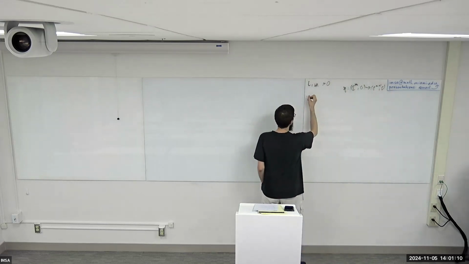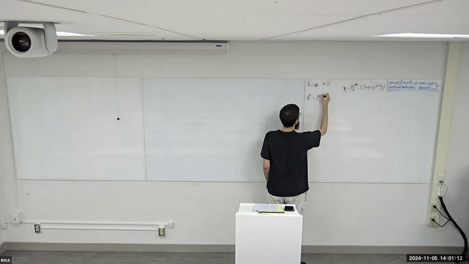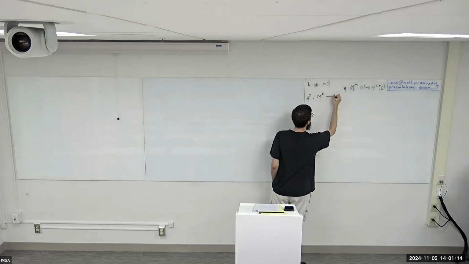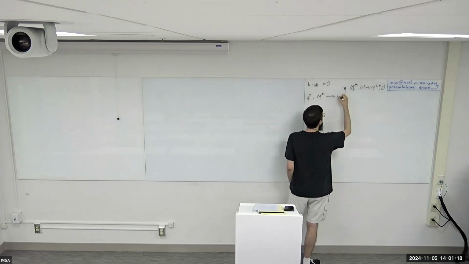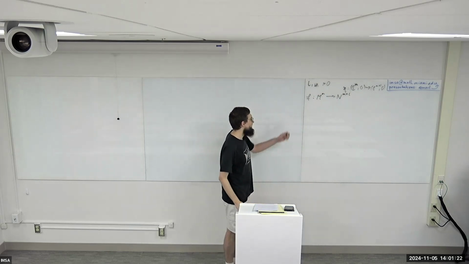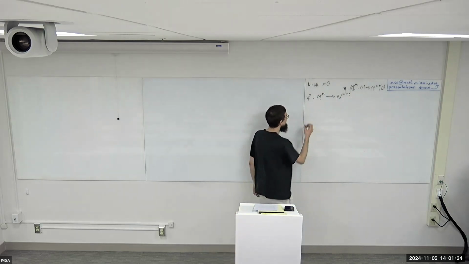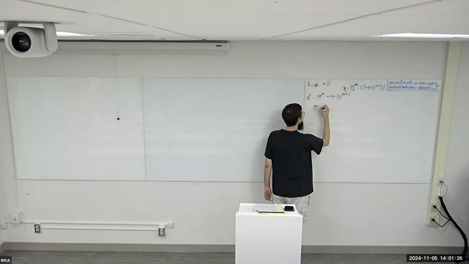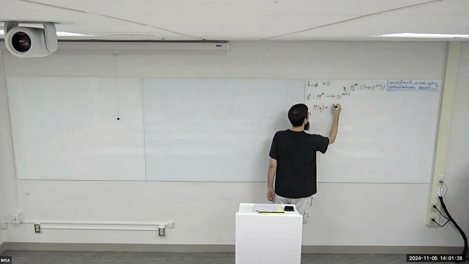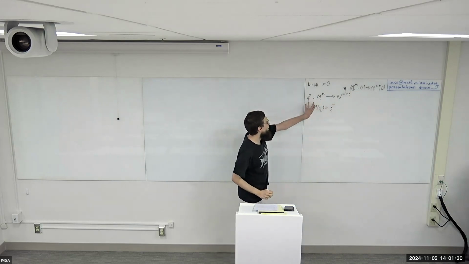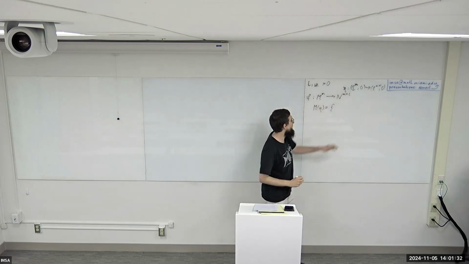Then, if we have a map F between smooth varieties of dimension M and M plus L, I can associate to it a set M_eta of the points M in which the map F has germ eta.